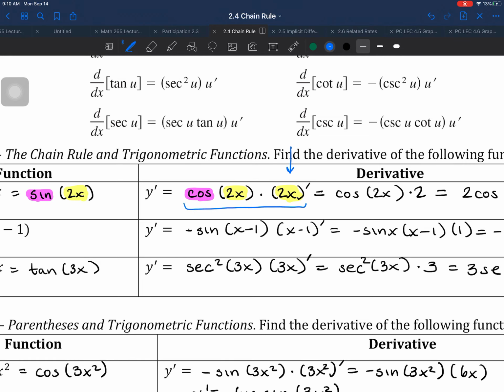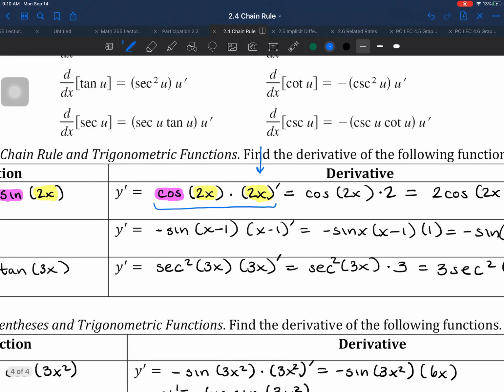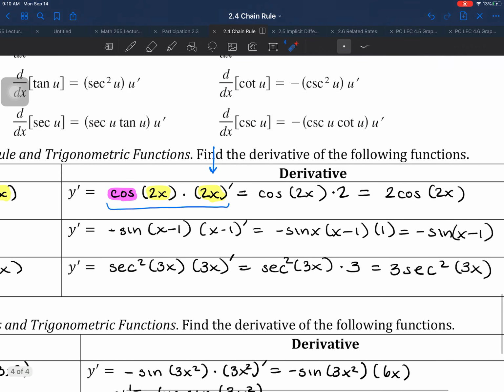It requires me to do this in 2 steps, but it's mathematically correct. So cosine of 2x, you don't have to do anything here. All you have to do is come back and do this part. The derivative of 2x is just 2. So move that to the front, and that gives you 2 cosine 2x.